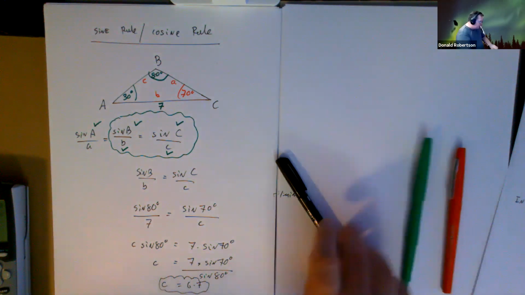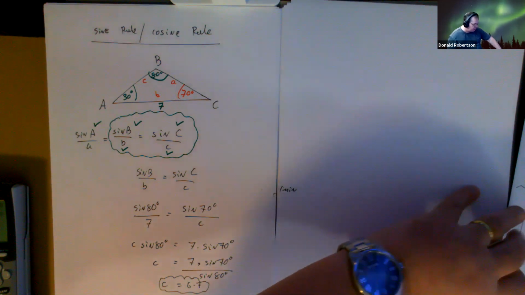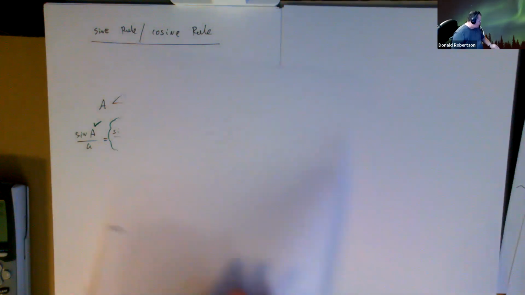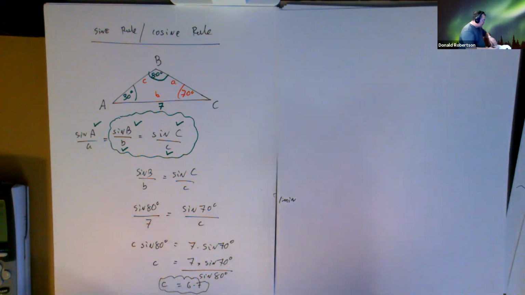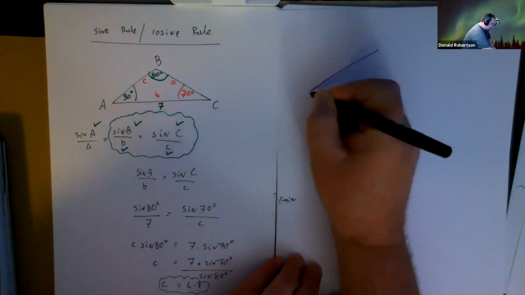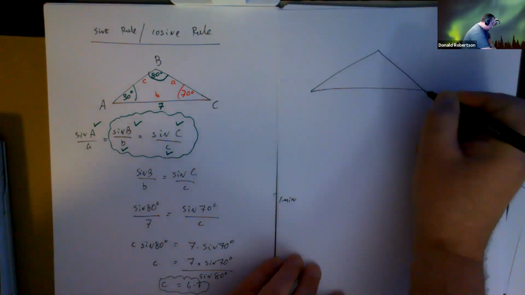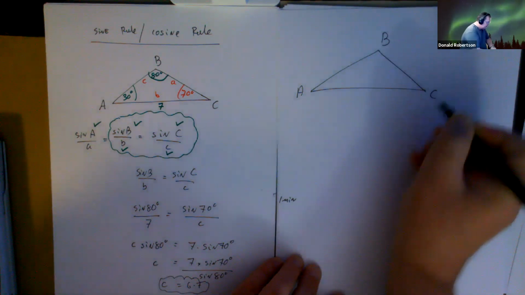Now, if you do the classic cosine question, actually, I'll keep that one there for a comparison. And when you do a cosine question, the triangles get named the same way. So we'll just call this A, B, and C again.